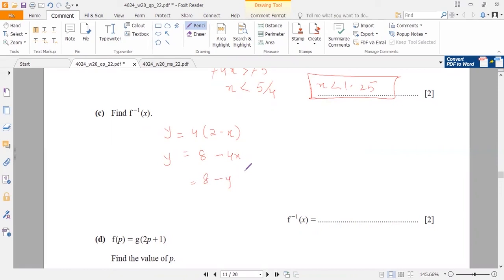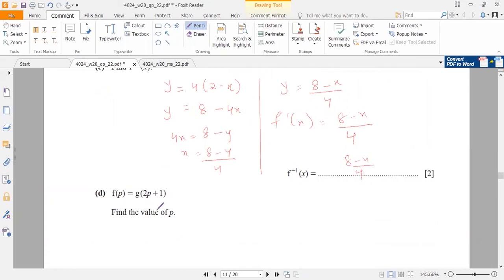I'm going to make x the subject. So x is equal to (8 - y) upon 4. Now if I switch x into y and y into x, it will be y is equal to (8 - x) upon 4. If I say that y is f inverse of x, your result will be f inverse of x equals (8 - x) upon 4.